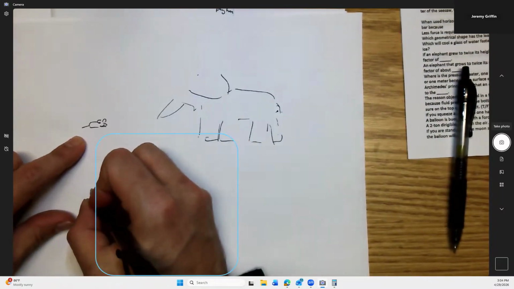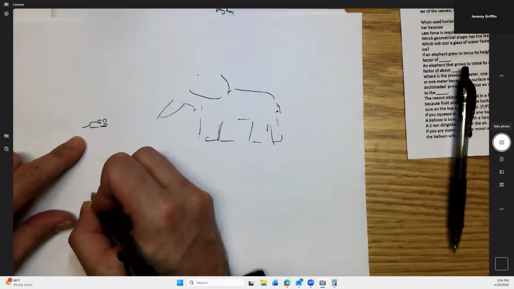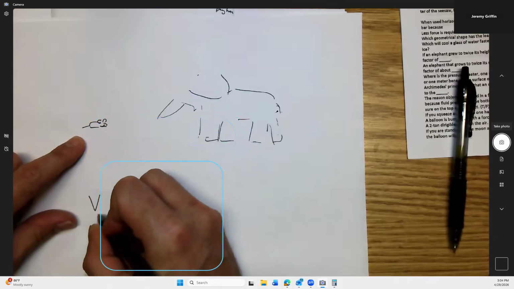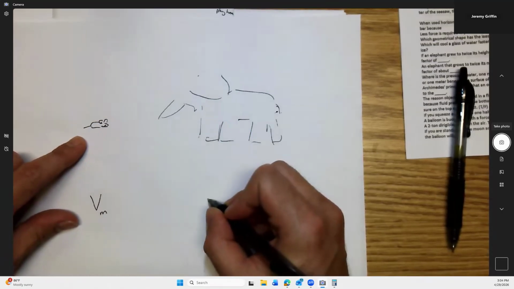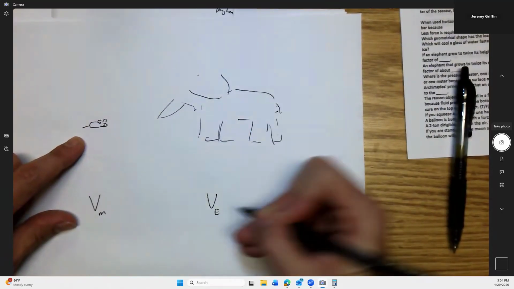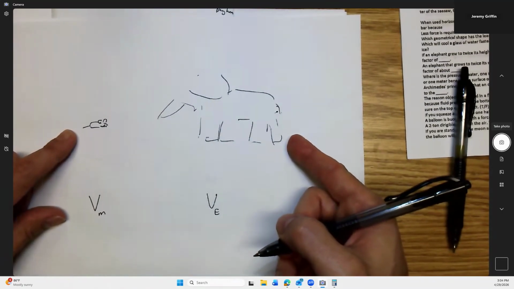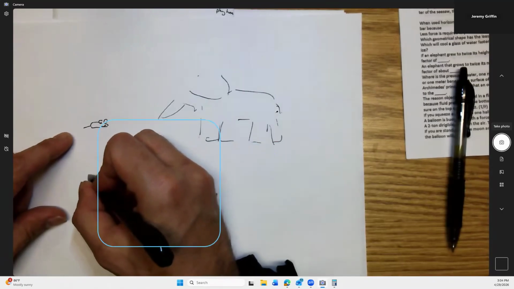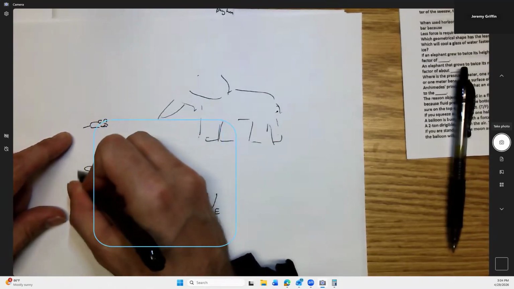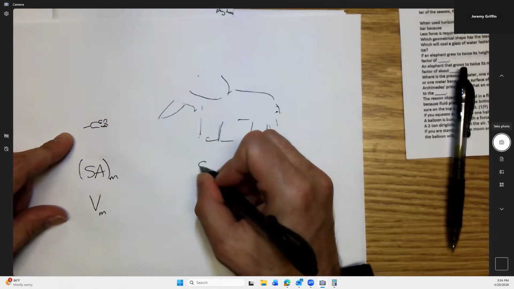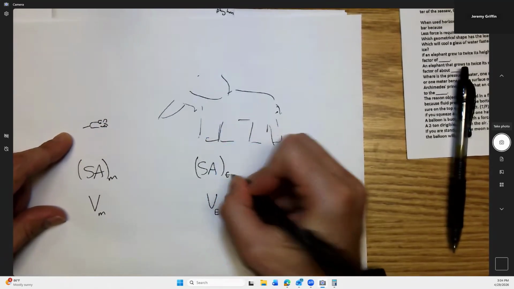Guys, the mouse has some volume of mouse, and the elephant has some volume of an elephant. They also have surface areas. If you look at the surface area, I'll call it SA for surface area, of the mouse versus the surface area for the elephant.